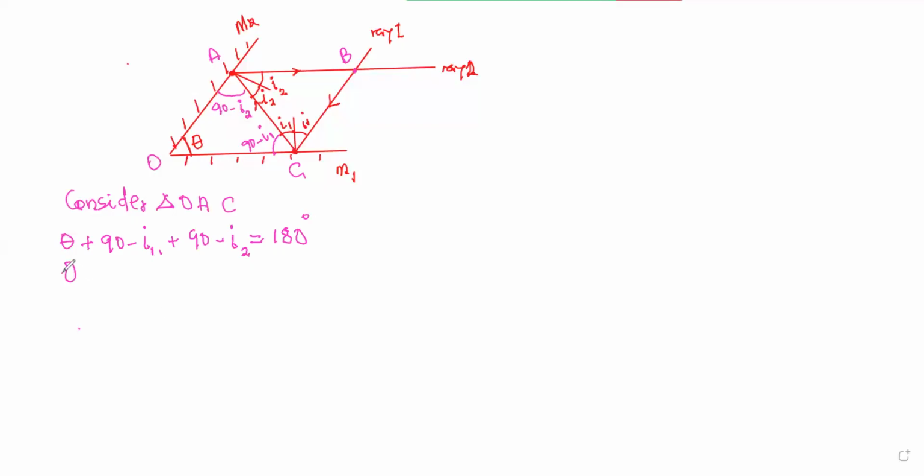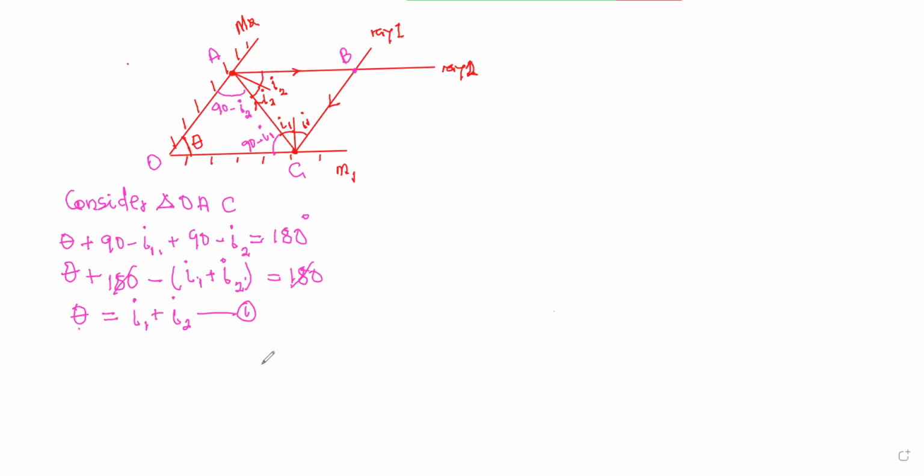So theta plus 180 minus, bracket open, I1 plus I2, is equal to 180. 180 would reduce to 0, and theta is equal to I1 plus I2 when that crosses the equal to sign. This is equation 1.